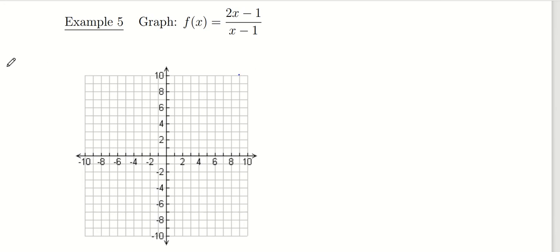Let's go ahead and graph example 5. Let's begin by finding the vertical asymptotes and horizontal asymptotes for this function. To find the vertical asymptotes, we're going to set the denominator equal to 0. We have x minus 1 equals 0. Add 1 to both sides, and we get x equals 1.